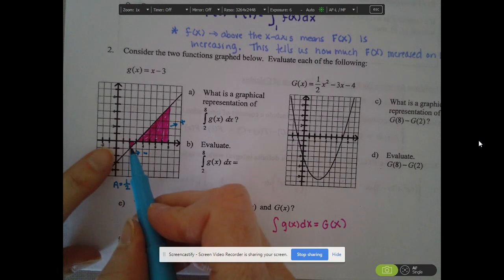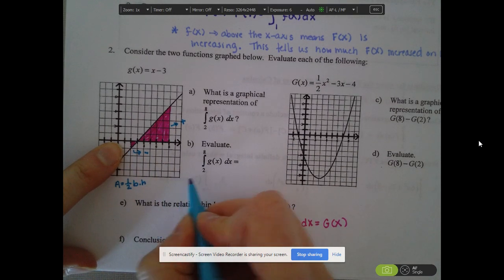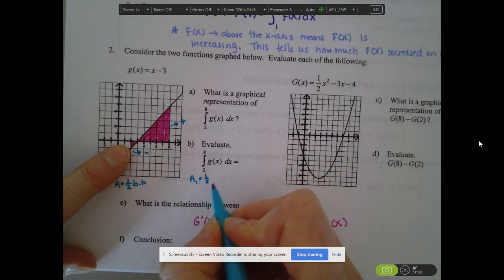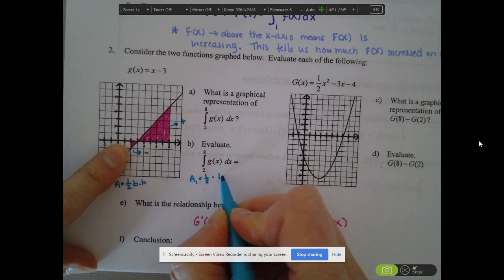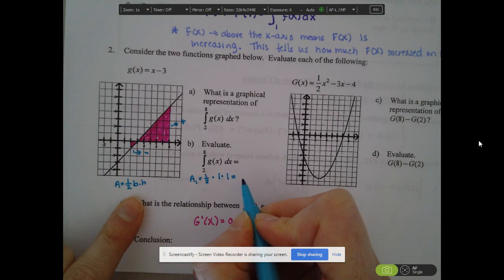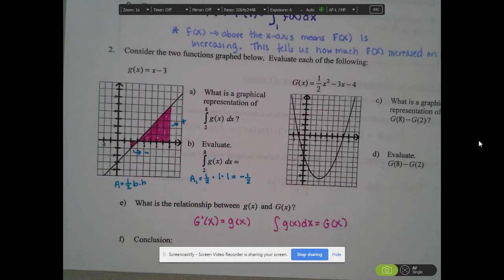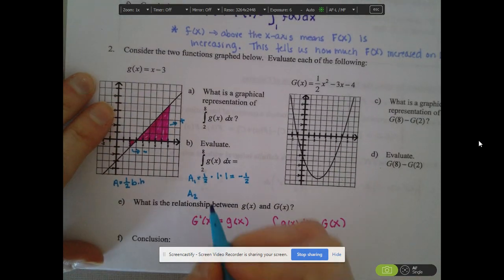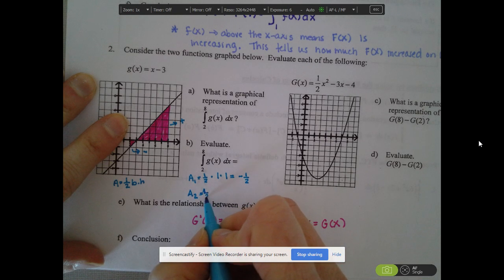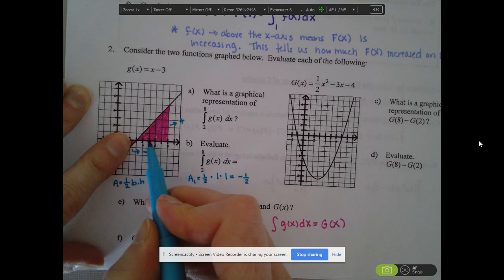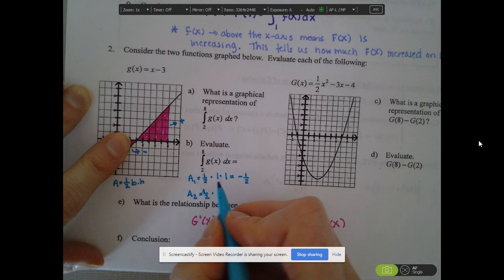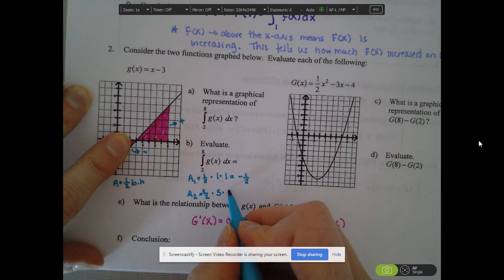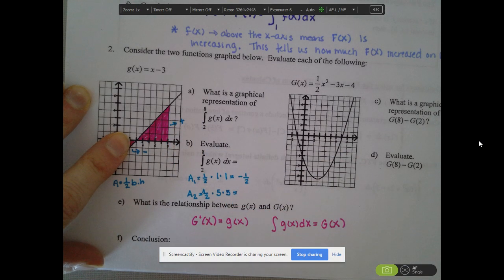All right, so to find the area of this region right here, I'll call it the area of triangle 1, 1/2, we've got base and a height of 1. And since we're under the x-axis, that would make that negative 1/2. The area of region 2, which we'll call up here, is going to be 1/2, base 1, 2, 3, 4, 5, height 1, 2, 3, 4, 5. It's above the x-axis, so it'd be positive.